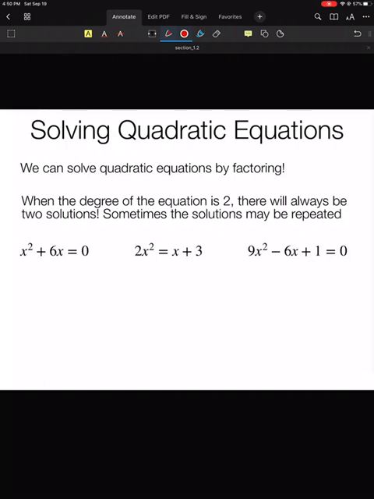So the first and easiest way to go about solving these equations is by factoring. We've worked with factoring a bit in the last few sections. For example, in the first example here, number 1, x squared plus 6x equals 0, the first thing that we should observe is that there's an x common to both. So we're going to pull the x out in front, and we're left with x times (x plus 6) equals 0.